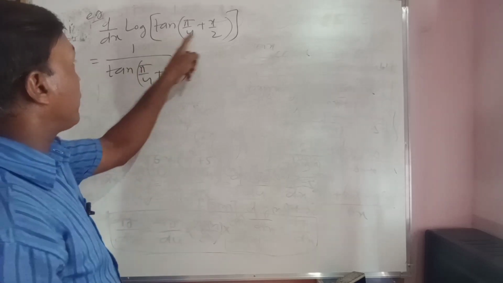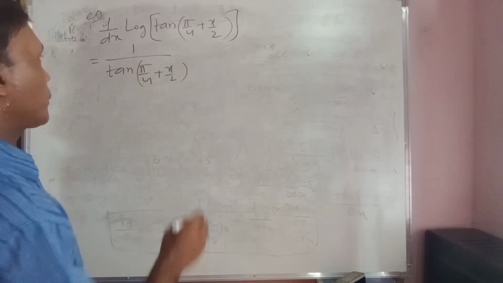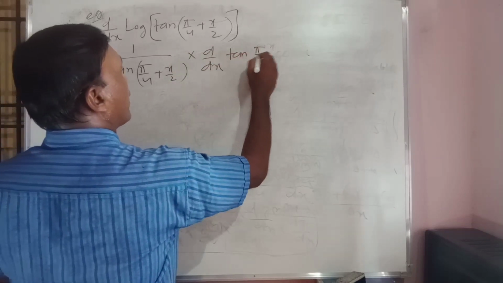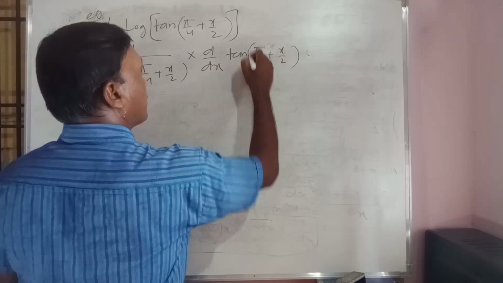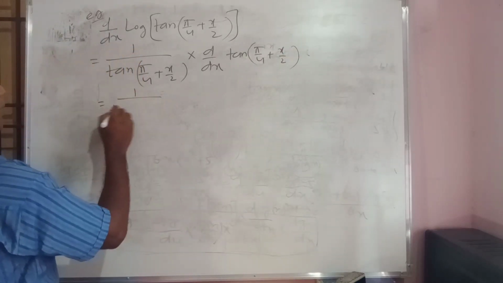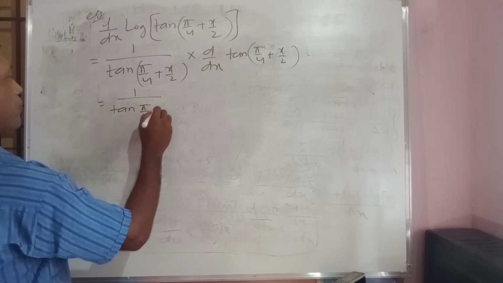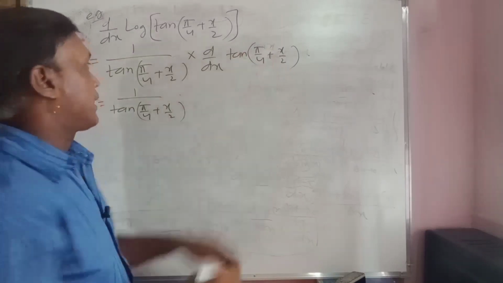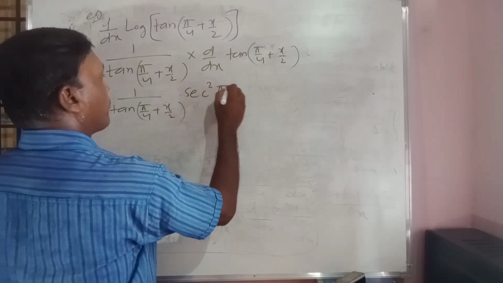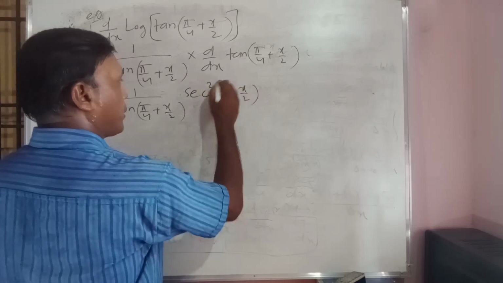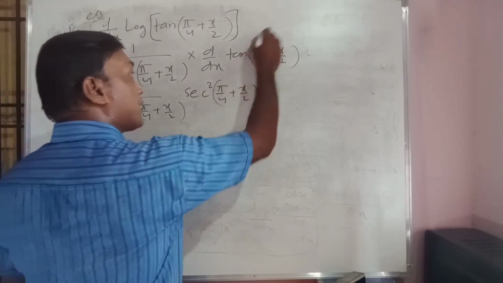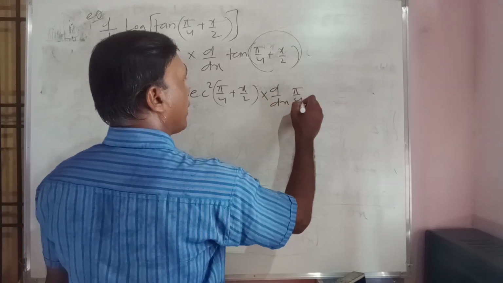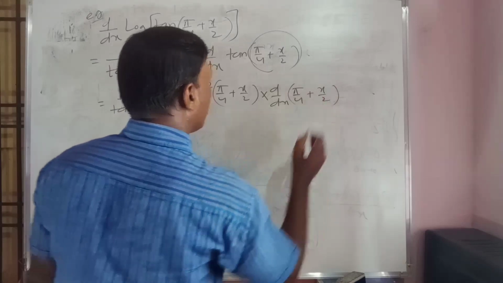But here x is replaced by tan (pi by 4 plus x by 2), so you have to multiply by the derivative of tan (pi by 4 plus x by 2). 1 by tan (pi by 4 plus x by 2) into, here the derivative of tan x is sec square x, sec square (pi by 4 plus x by 2) into, but x is replaced by pi by 4 plus x by 2, so multiply the derivative of pi by 4 plus x by 2.